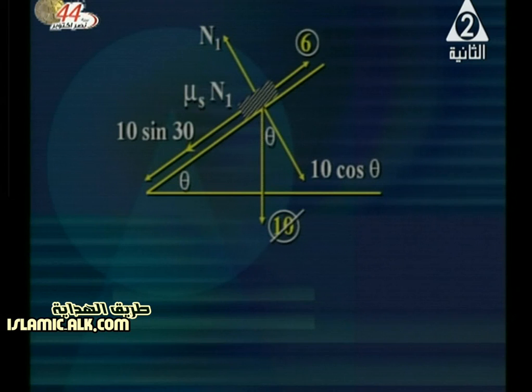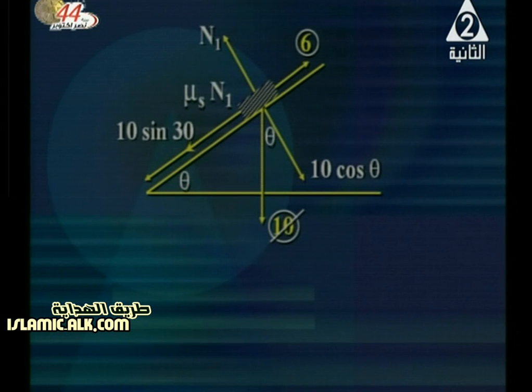Look at the force 6 and the normal reaction N1. The body moves upward, so the friction force is downward, in the opposite direction. Fs equals mu s N1.